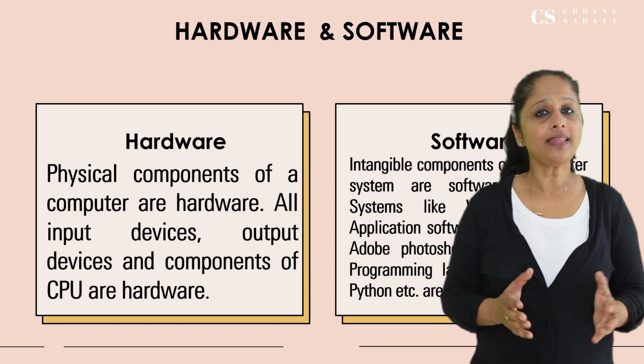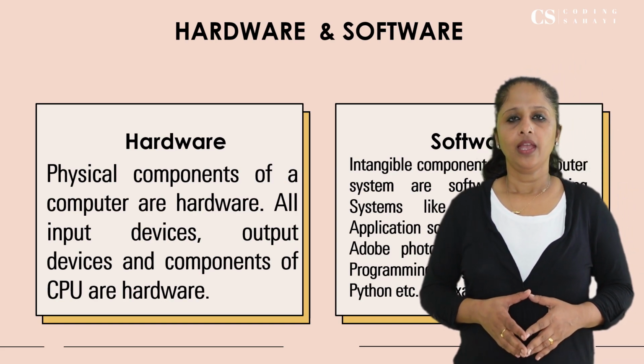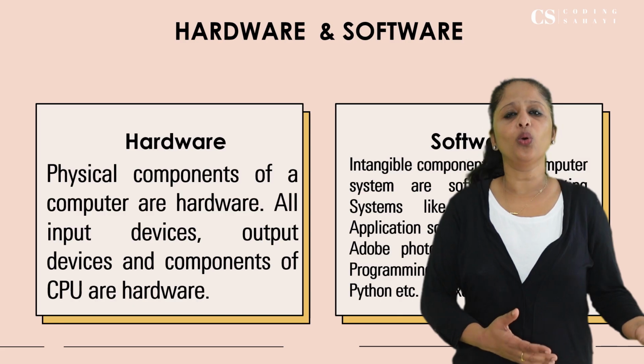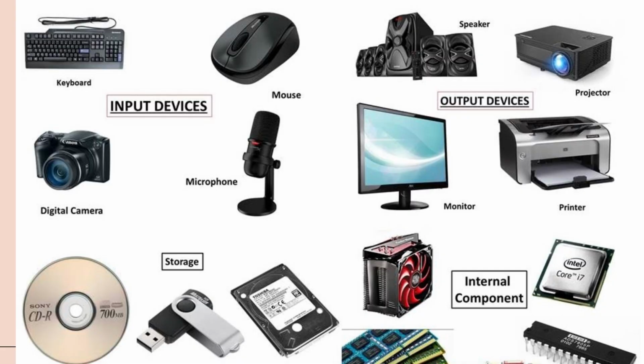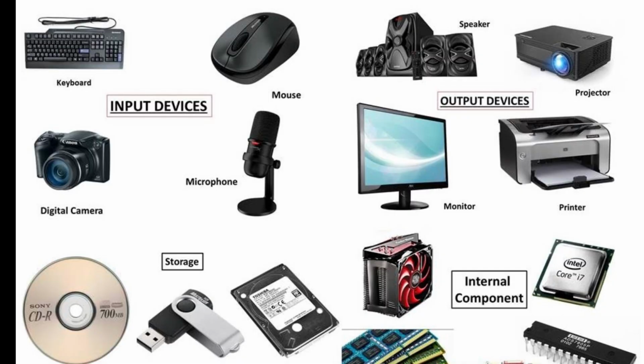So the next topic is hardware and software. Already you know what is an input device and what is an output device. These input and output devices and the CPU are all physical parts of a computer. Input devices like keyboard, mouse, then the central processing unit.